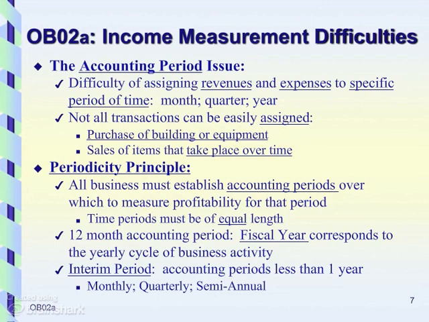The time period or fiscal period for every business is typically explained in the footnotes to the financial statements. Periods less than a full year are called interim periods, and businesses typically measure their interim periods in monthly, quarterly, and semi-annual increments.